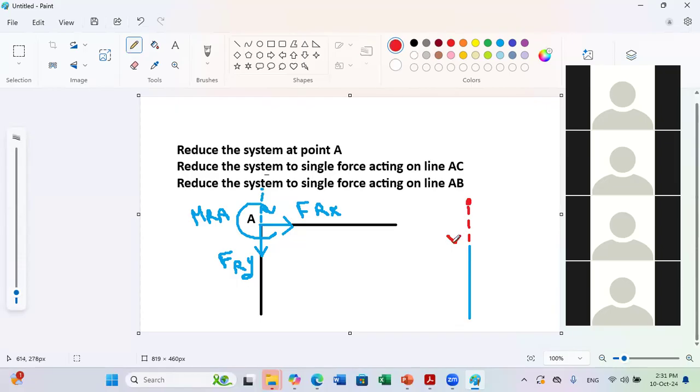So the question is to determine what is the distance from A I should apply my force at to create the same effect. So then at A, I don't need any couple. I just need my single force, which consists of FRX and FRY.